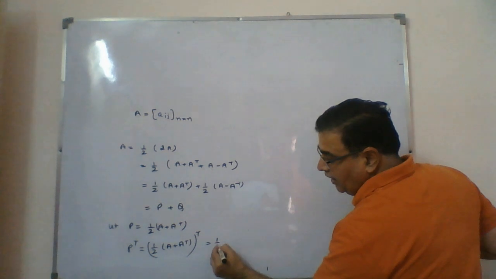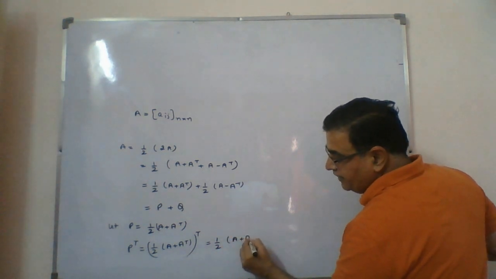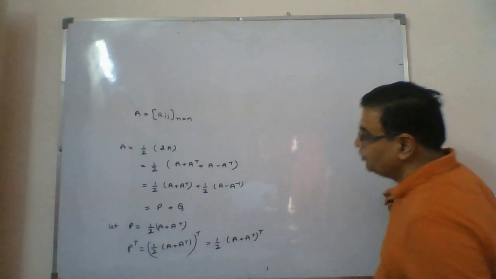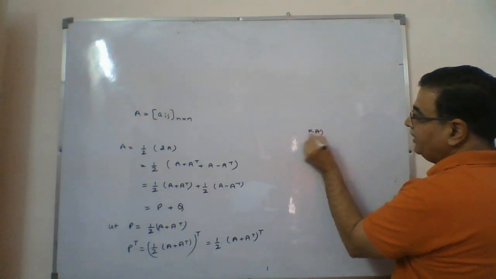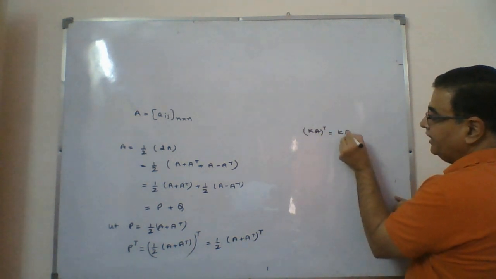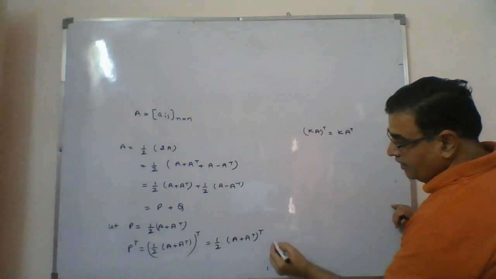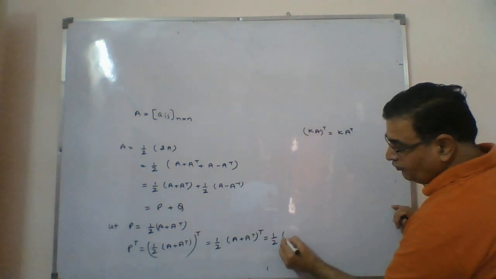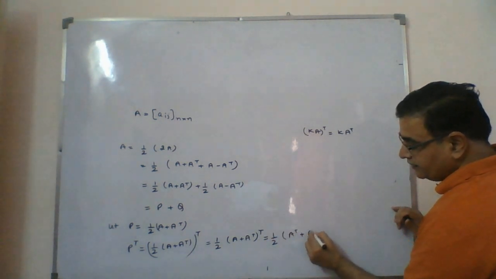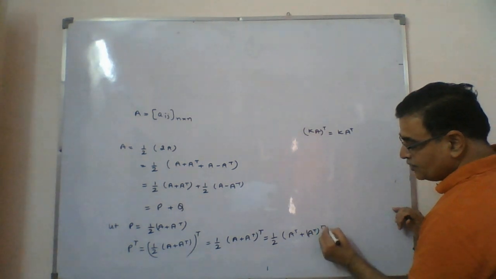Half will be going out, left is A plus A transpose whole transpose, because you have done this property, K A transpose will be K A transpose. And then we can write half of A transpose plus A transpose transpose.